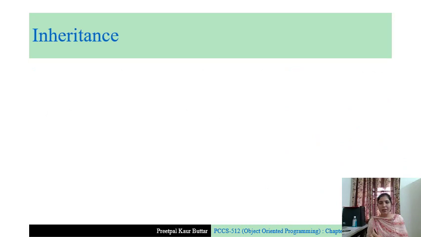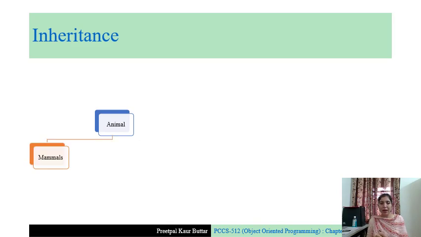The next characteristic is inheritance. Inheritance means you create a main class and you use the properties of the main class in the newer classes. For example, here I have created a new class animal. The animal class can be inherited by a class mammals, because mammals are also animals and they possess the properties of an animal.